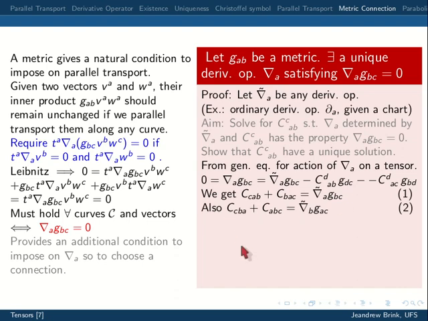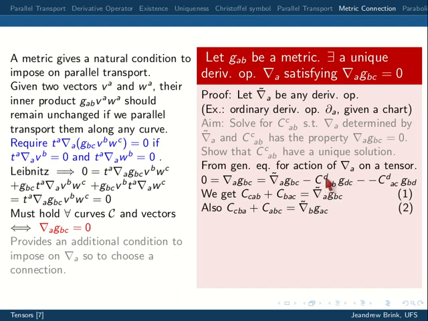Firstly, we know that this thing must be 0. If we can lower these guys, oh no, we can't lower these guys. How did I do this? Oh, okay, so if you multiply this tensor with your lower metric, you lower the top index.